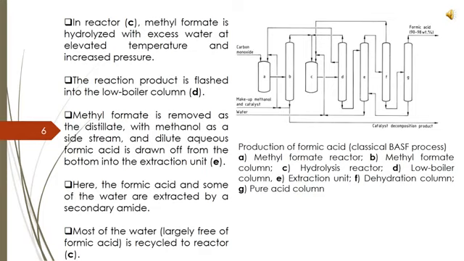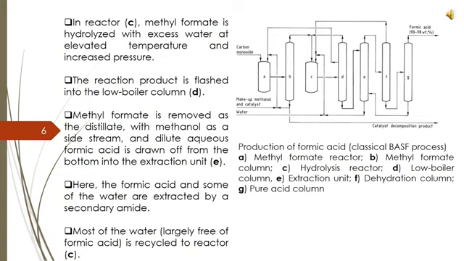The methyl formate and methanol distilled from the low boiler column D are sent on. There is an arrow going from D that joins an arrow from B, and they both go into C, the hydrolysis reactor. So the methyl formate and methanol taken away are just going to the hydrolysis reactor.